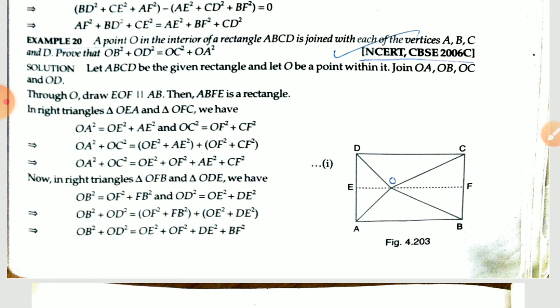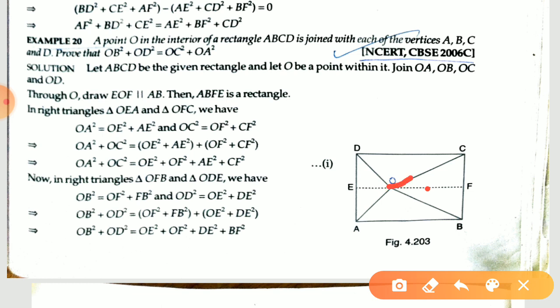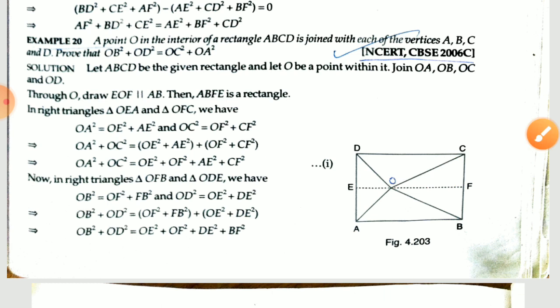We will get OA square is equal to OE square plus AE square. Similarly, in the second triangle we will see that OC square, because here this is the right angle, and therefore OC square is equal to OF square plus CF square.